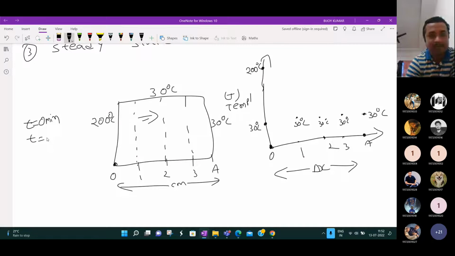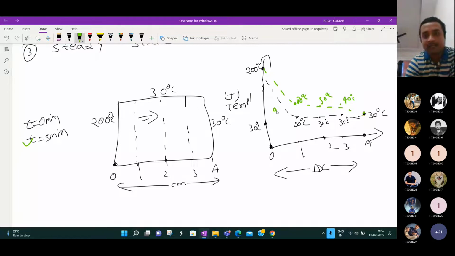This is the temperature profile we observe at 0 minutes. But after 5 minutes, what will we observe? We find this temperature will slowly increase. This temperature may reach 80 degrees, this may reach 50 degrees, this may reach 40 degrees centigrade, and this temperature is 30 degrees centigrade only.